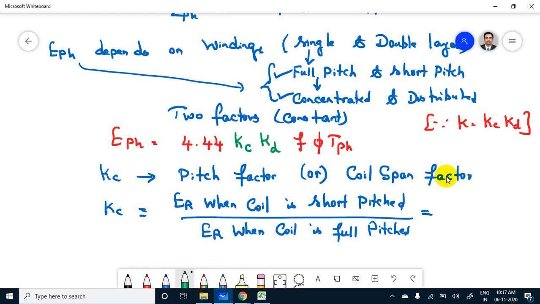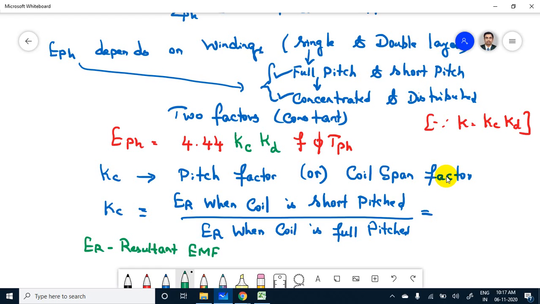ER stands for resultant EMF. Note down, ER stands for resultant EMF.